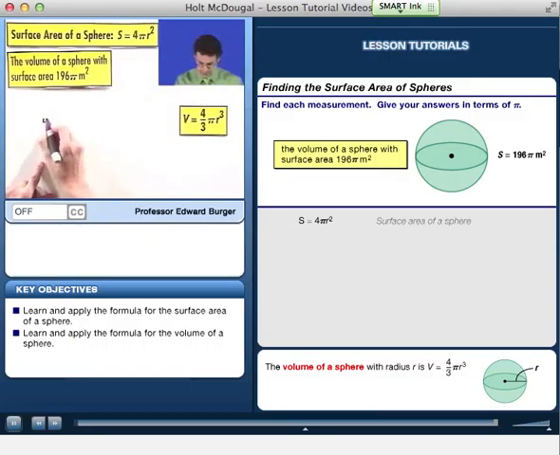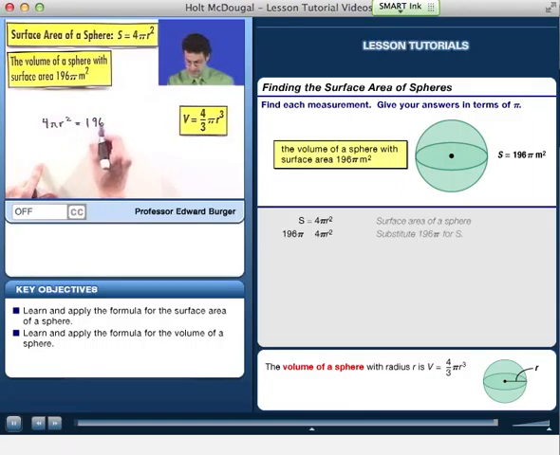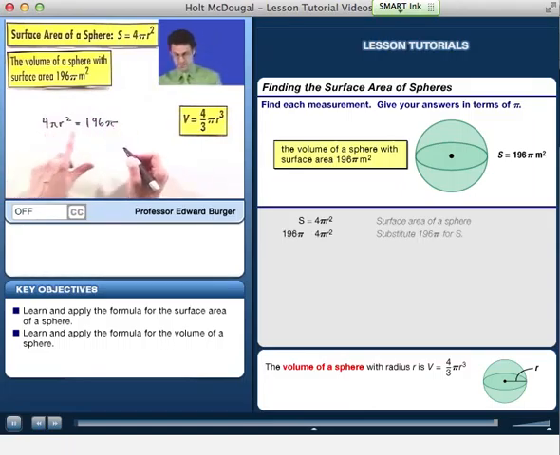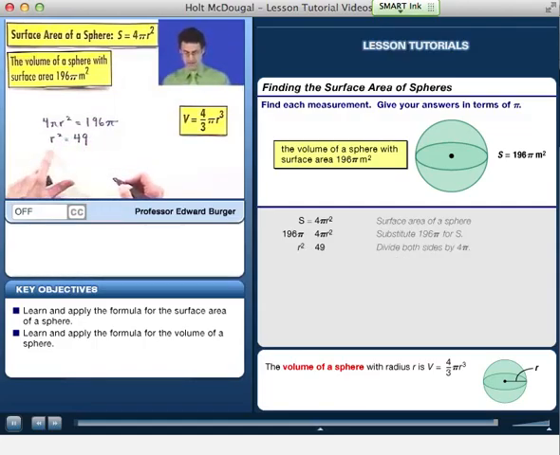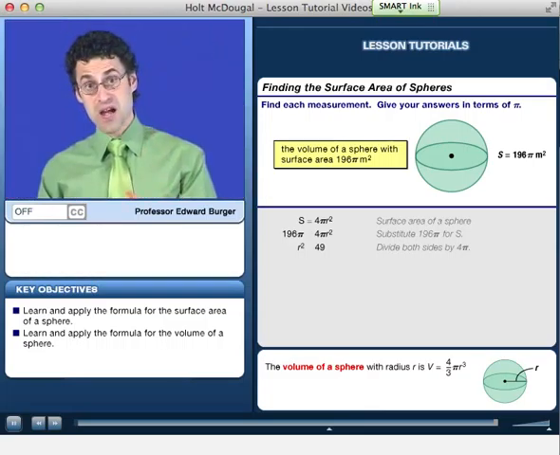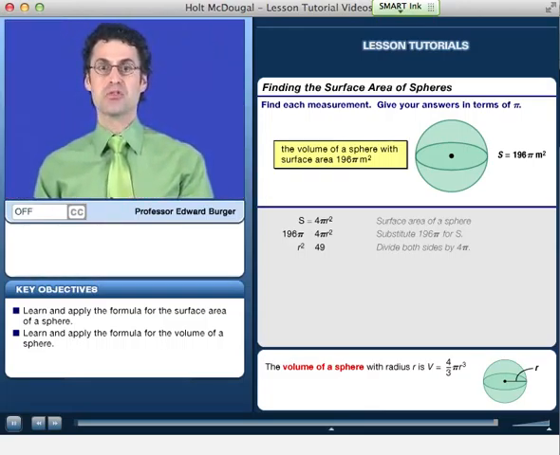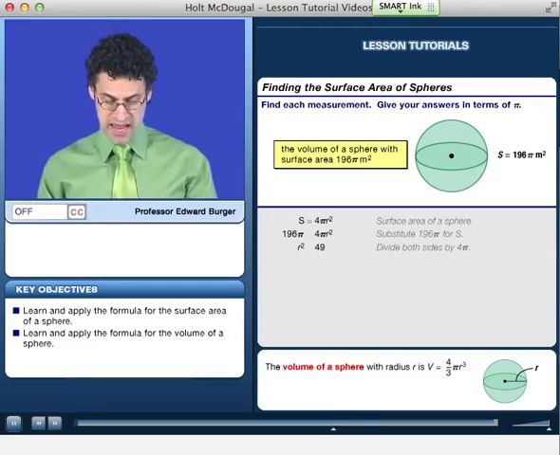I know that 4 pi r squared represents the surface area, which in this case is 196 pi. So if I divide both sides by 4 pi, I see that r squared equals 49. And if r squared equals 49, then r equals plus or minus the square root of 49, or plus or minus 7. But wait, in this context, r is representing the radius, which means that it has to be positive.